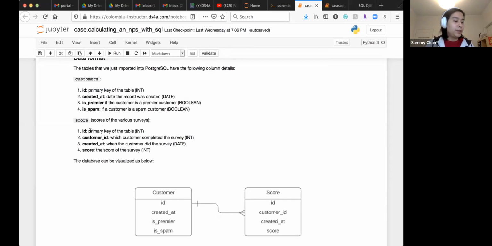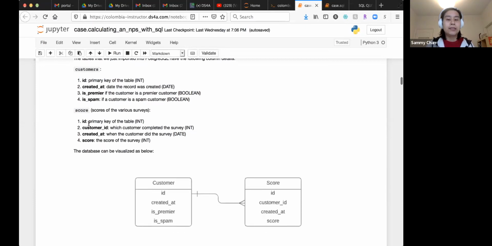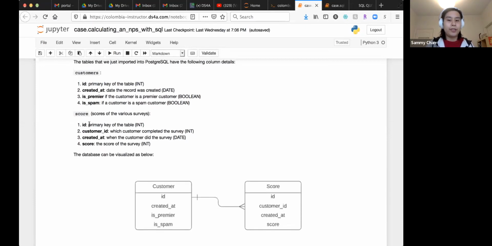And then you also have the score table. Of course, we have the foreign key here, which is the customer ID that is used to link up the ID in the customer table.